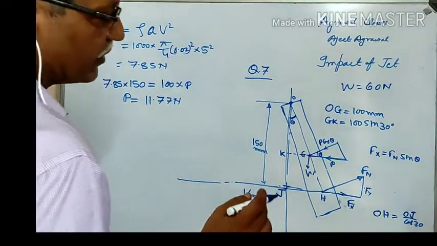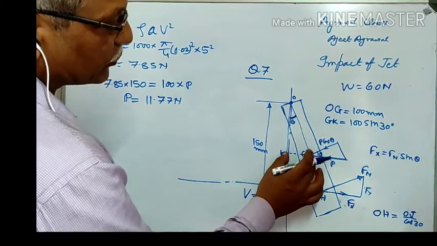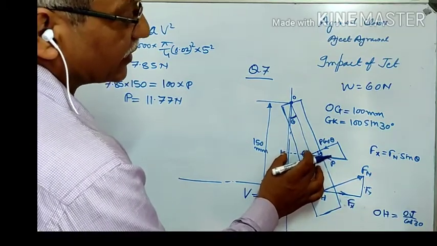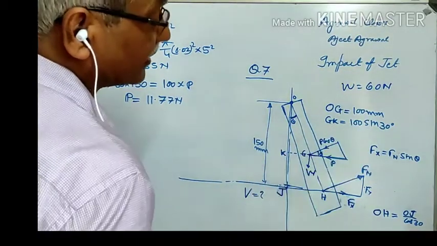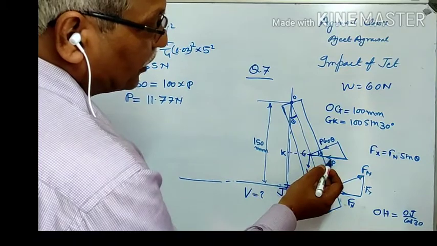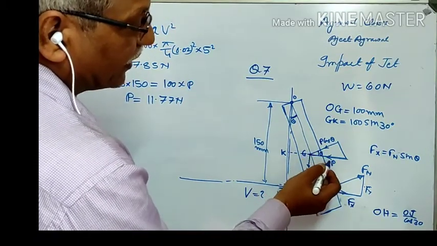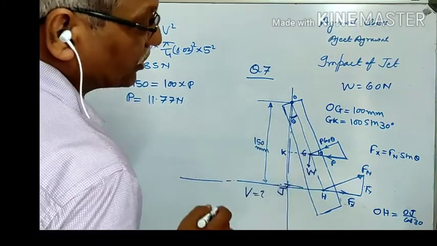So here the forces acting are, W, the weight of the plate, at a distance kg, and that equals 100 sin theta, that is sin 30. The force P is perpendicular to the plate, it is P cos theta, and it is acting at a distance of OG.